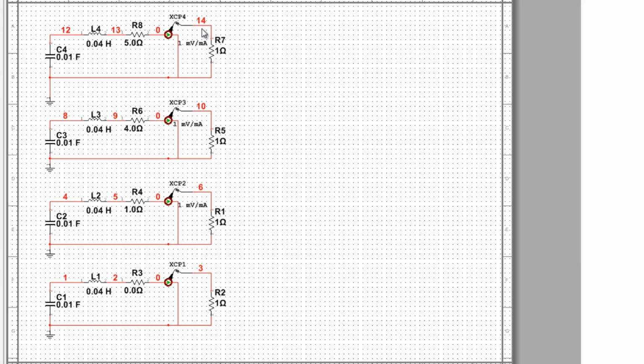Now we need to draw the voltage nodes 14, 10, 6, and 3.